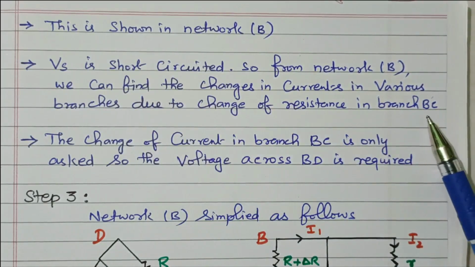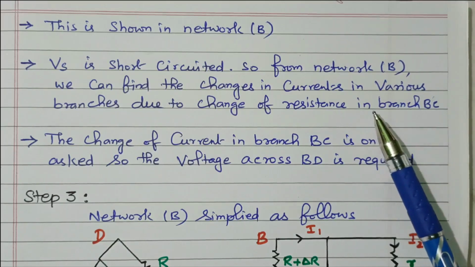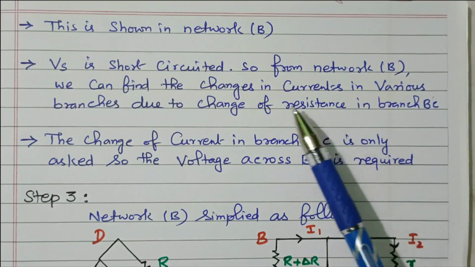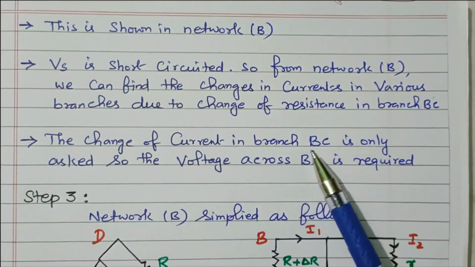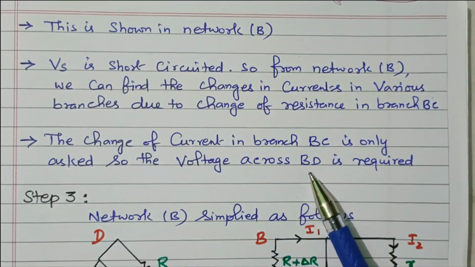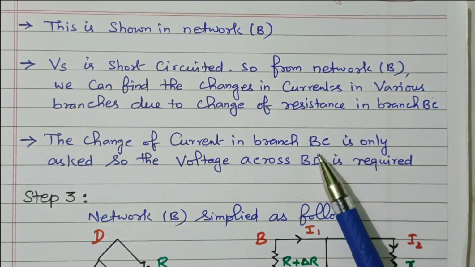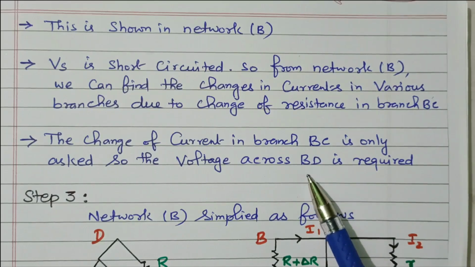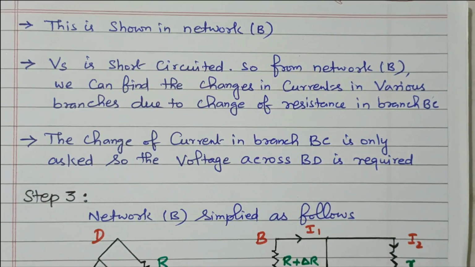For BC we added the additional resistor and calculated the compensation voltage. From this we can identify the changes in current. Only the change of current in BC is asked, so the voltage across BD is required. No need to find other changes in current. Now we'll see the simplified diagram.